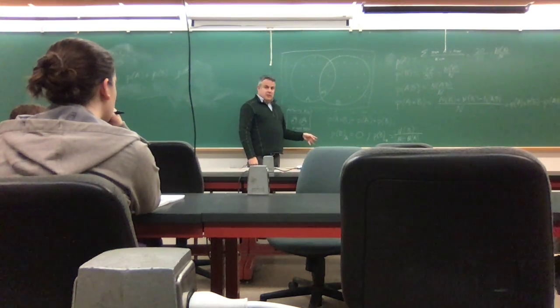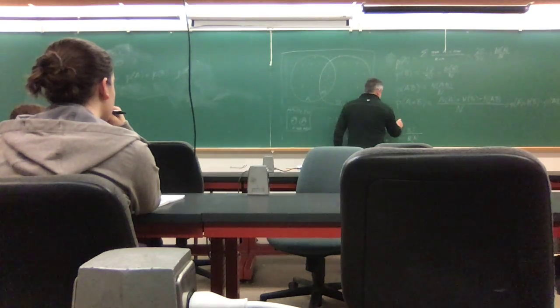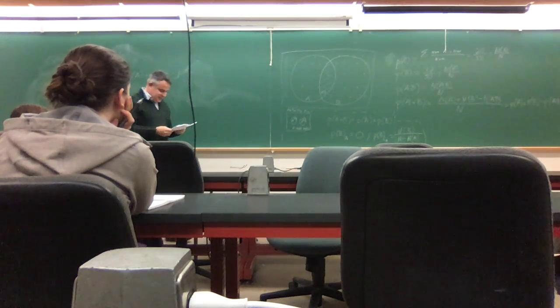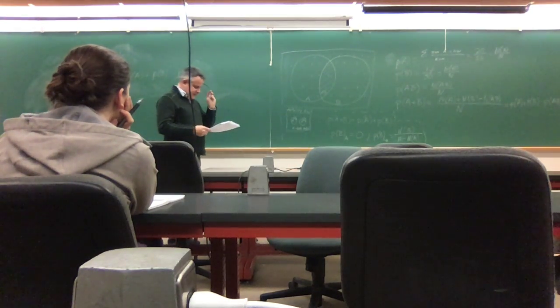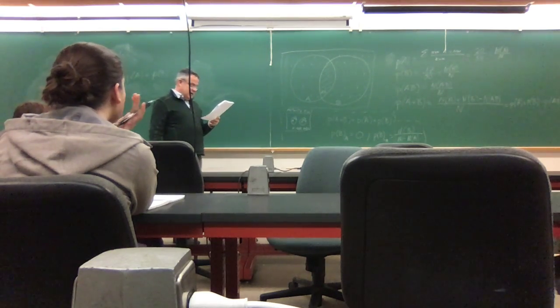Okay, everybody on board with this? Okay. So what's it like in this one? What are my probabilities of A given B, and the probabilities of B given A, and so on?